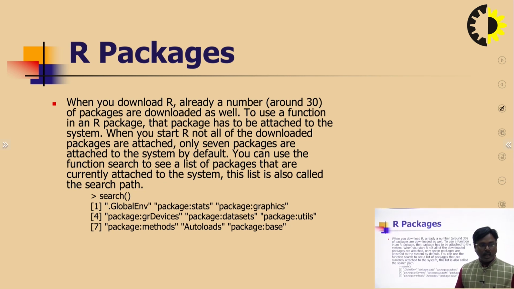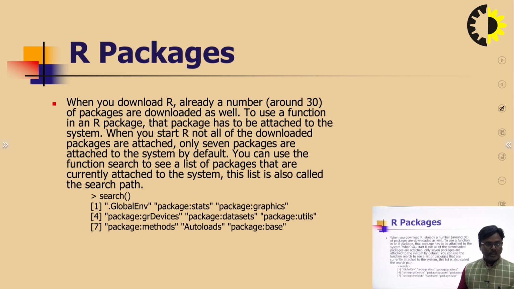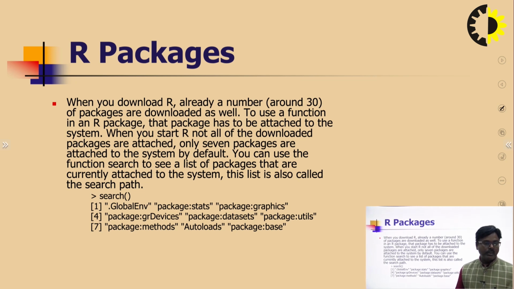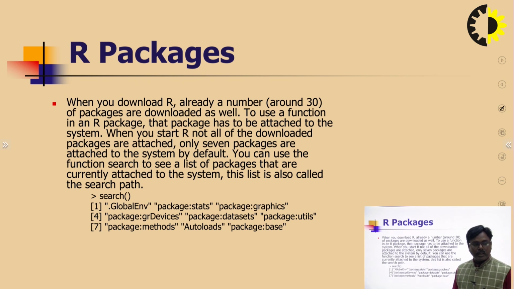That's why these R packages are very important. The list of packages currently attached to the system can be searched out on the path and downloaded for utilization in your programming language.